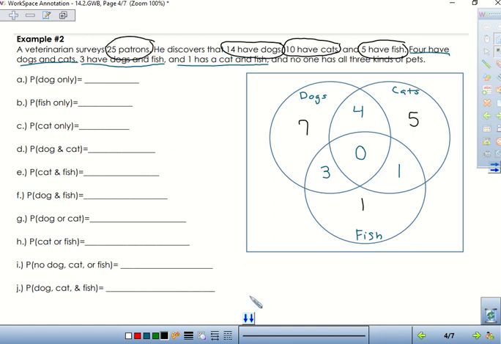Now, of course, you're not going to go to a veterinarian if you don't have a pet. But are these the only kind of pets people can have? No. So he only surveyed probably the most common pets. But keep in mind, this number might not add up to 25 because there might be people who didn't have any of these types of pets. So here's what we have to do. We're going to take 25 and subtract away each of these numbers, okay?